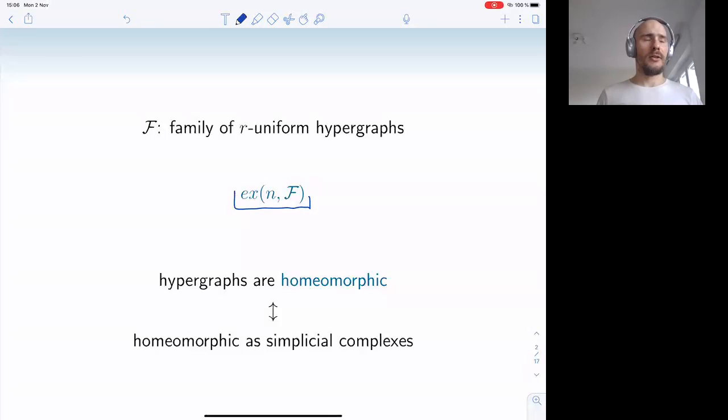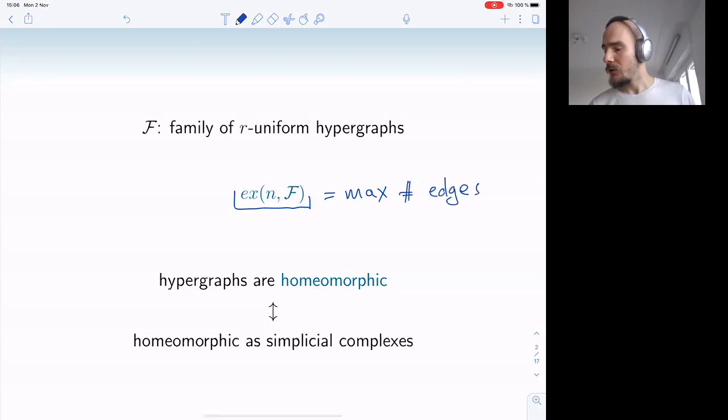And the question that we are asking is, what is the maximum number of edges in an r-uniform hypergraph that does not contain a copy of any hypergraph from this family F. So this quantity, the maximum number of edges in an r-hypergraph with no F from the family.